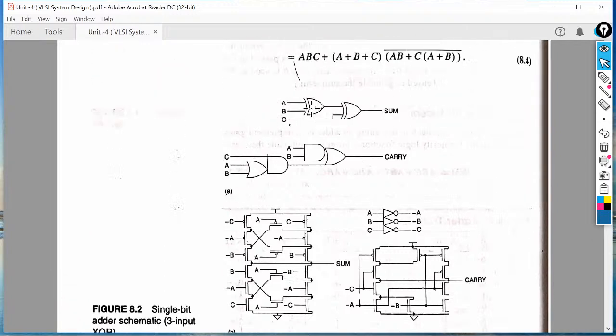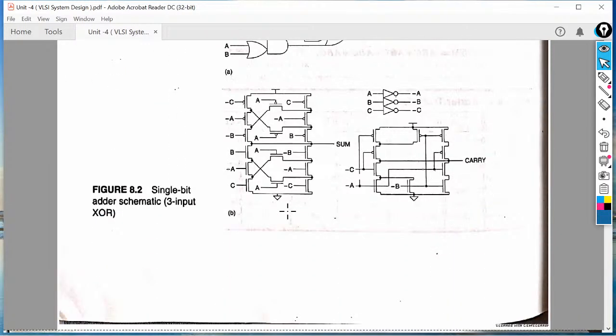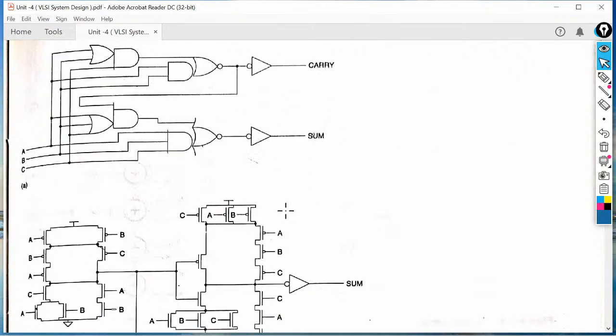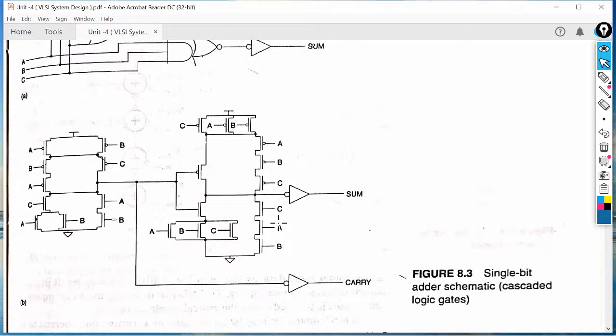You can use only one XOR operator, and you can replace another XOR operator by using some AND gate or OR gate. So the design of the CMOS circuitry will change according to the designer.